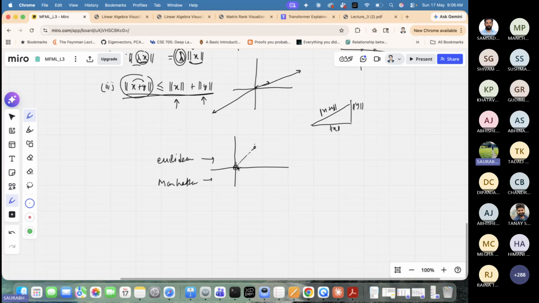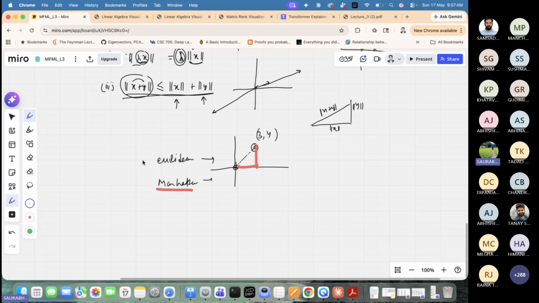That is Euclidean distance. While Manhattan distance is, you get to see how much that point is in the x direction. You will first go to that, and then how much is it in the y direction? So the Manhattan norm, basically, let's say, for example, this point is (3, 4).